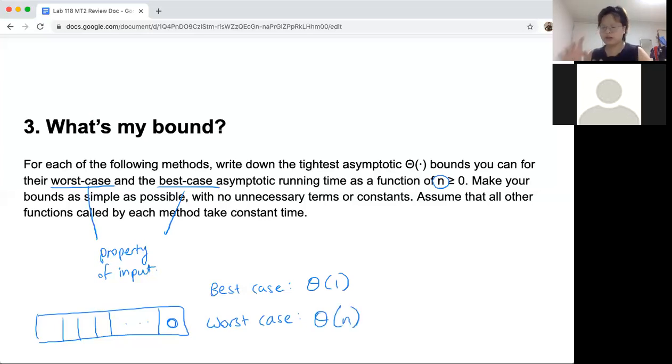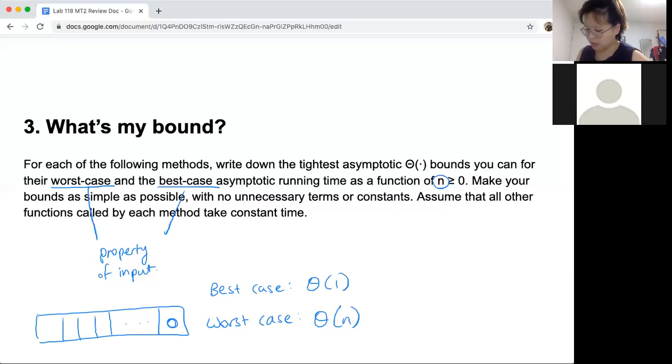So as you can see, best case and worst case depend upon the property of your input, right? So in our case, if we tweak our input so that it fits the termination condition of our method, then it's going to lead us to a faster runtime. Whereas for worst case, we need to consider what's the biggest possible number of steps that we can execute, and what does that corresponding input look like.